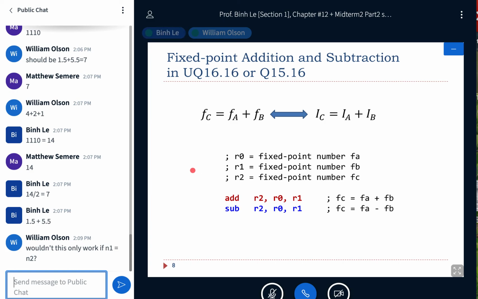Okay, with that, I'd like to stop here. For next Monday, I will continue with fixed point multiplication and division.